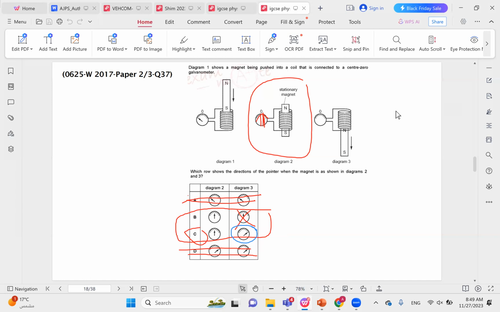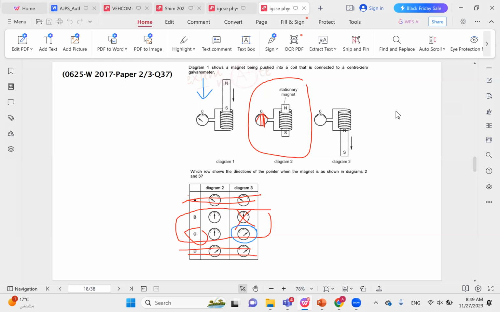The correct choice is C, but let's take this as an opportunity to study the idea of Lenz's law, which says that induced current opposes the change that created it. So in diagram 1, the magnet is moving down into the coil. This will induce a current, this will generate electricity, but the induced current must oppose the change that created it.